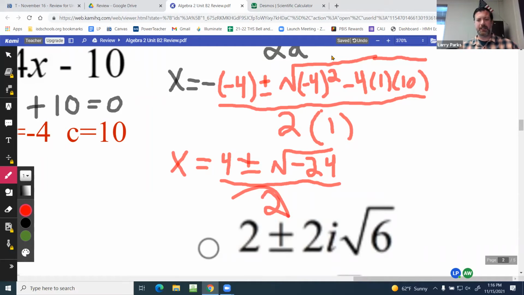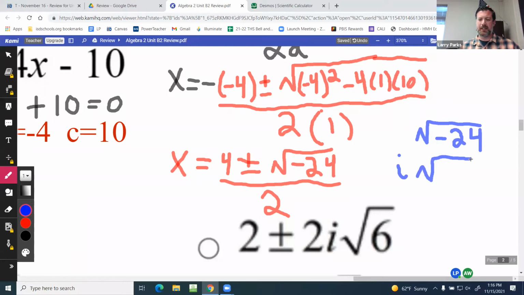All right, I need to fix that. But now I need to take the square root of -24 and simplify it. Negative comes out to make my i. And then I think about 24. I start thinking of the perfect squares, like 16 is a perfect square, 25. 25 is too big.